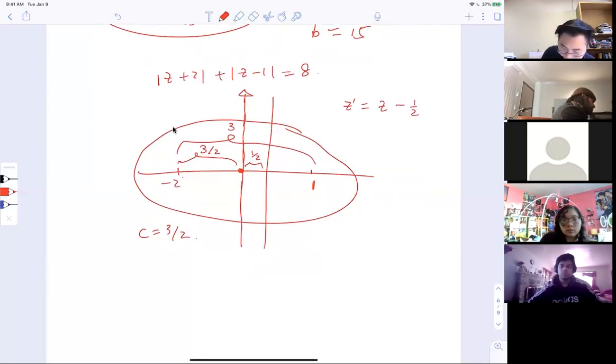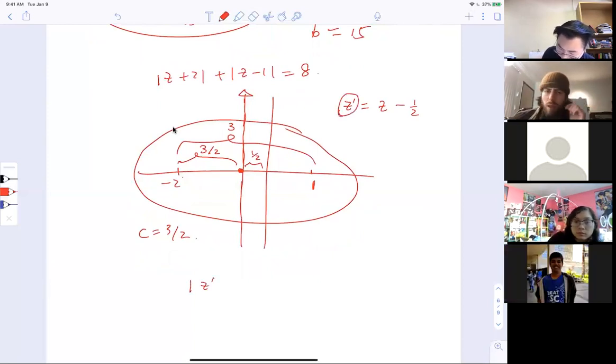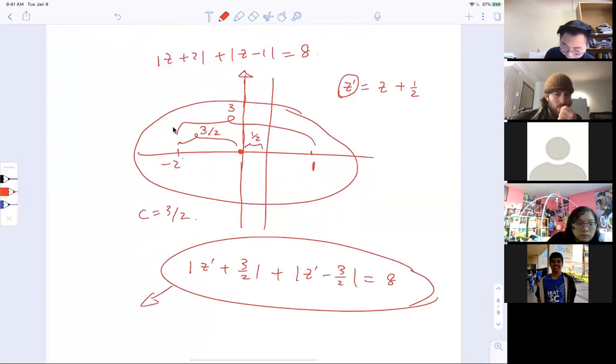Then in terms of the new parameter, you get z'. Something like this. For this, you know how to do it.